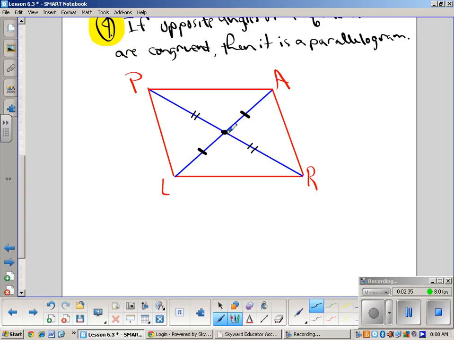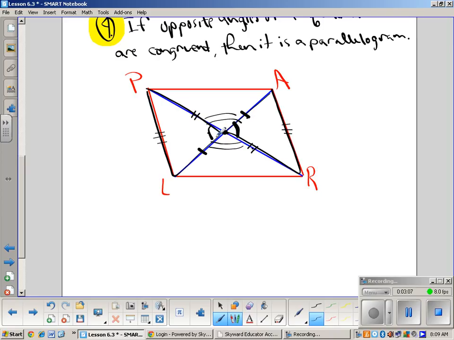Okay? Do you agree that these are vertical angles? Yeah. Okay? Do you agree then that this triangle here and this triangle here would be congruent by side angle side? So that means these sides would have to be equal, right? By CPCTC. Would you agree with that? Yeah. Okay. And do you agree that these are vertical angles?